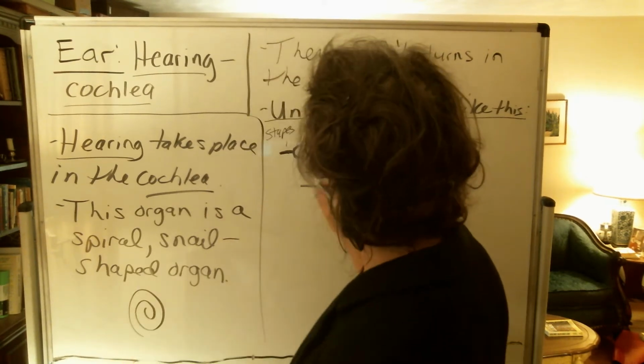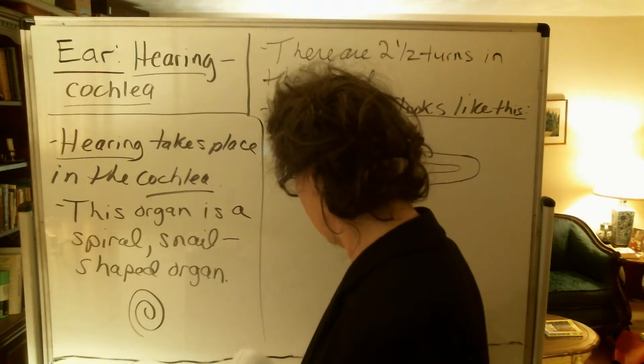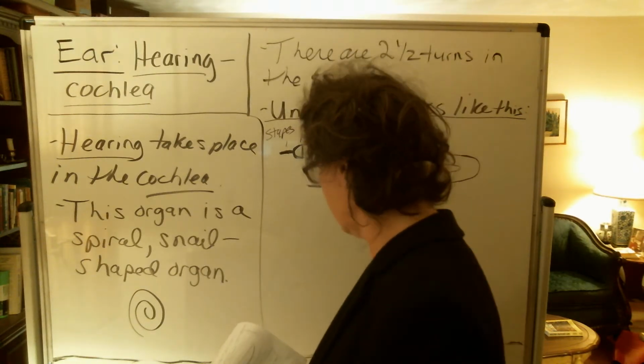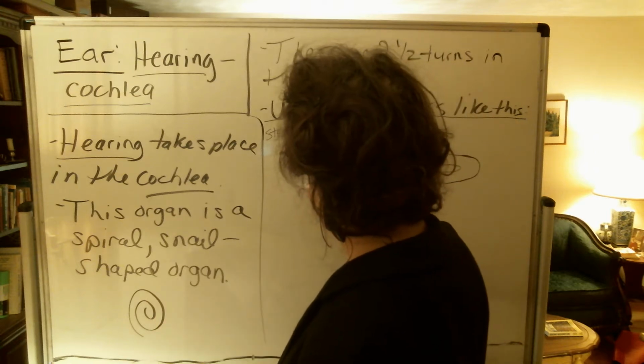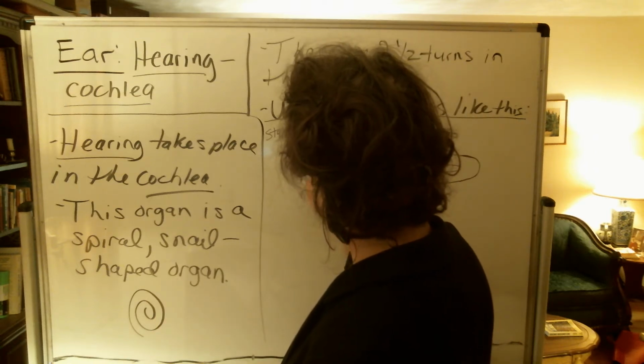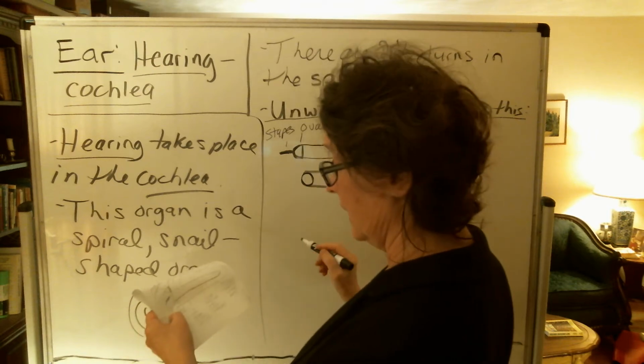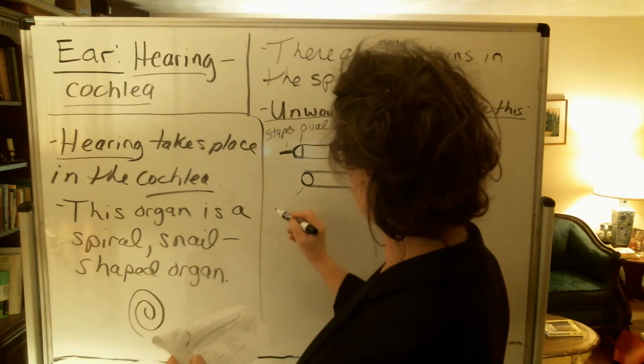So there we are. And then at the far end of this drawn out tube, I'm going to do it like this just to differentiate it. Here, this is the round window.